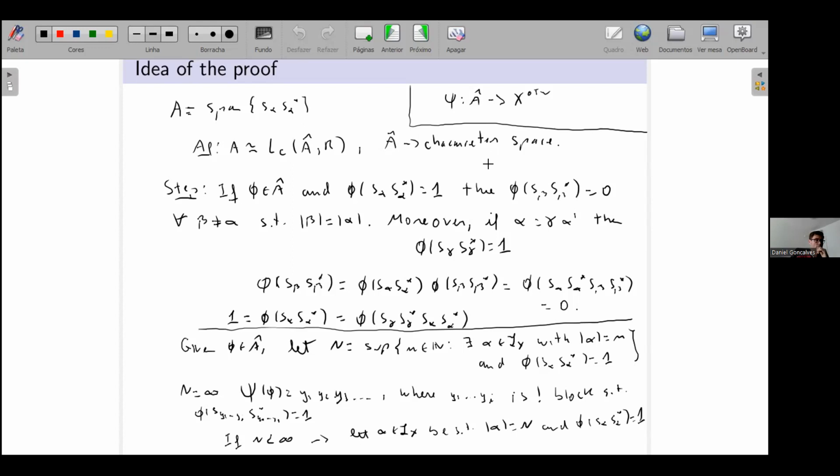Now, these multiplication rules, don't they depend on the semigroup structure of the S alpha stars? And couldn't that lead to an interpretation of the character space as a character space of the semigroup? Is there such a picture of that?